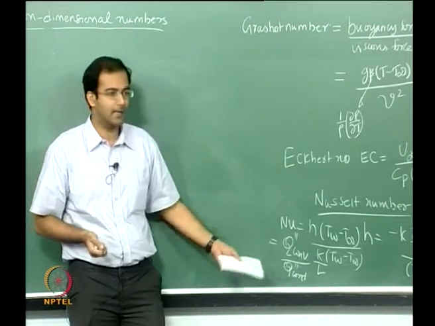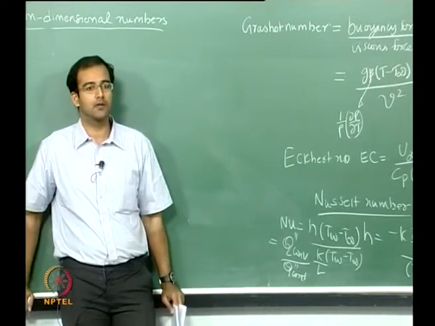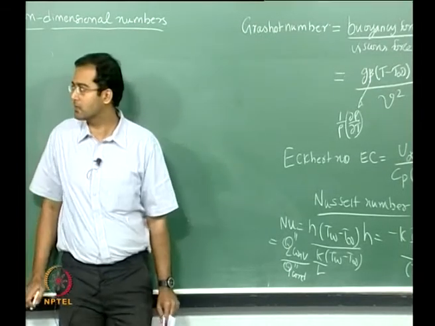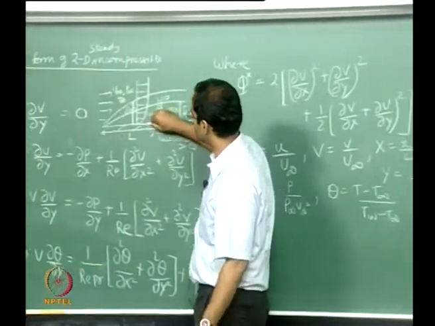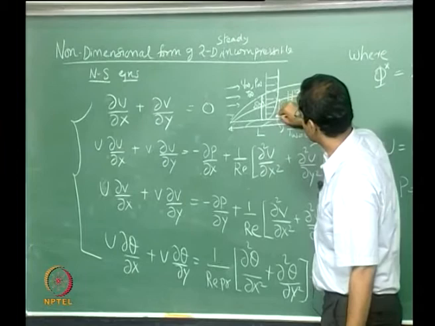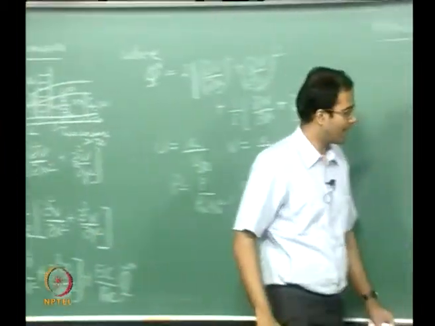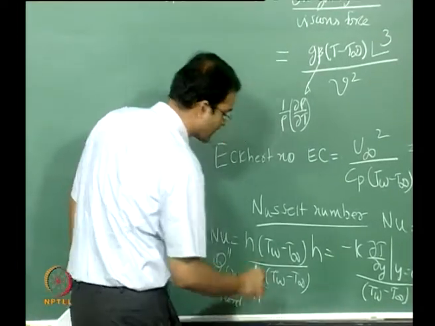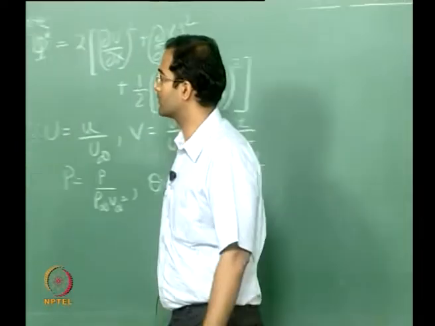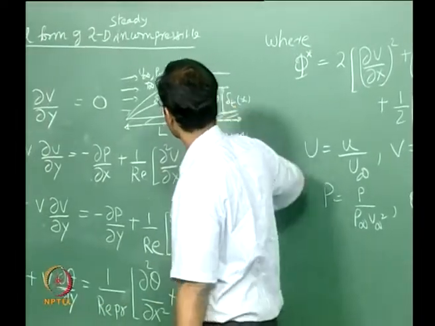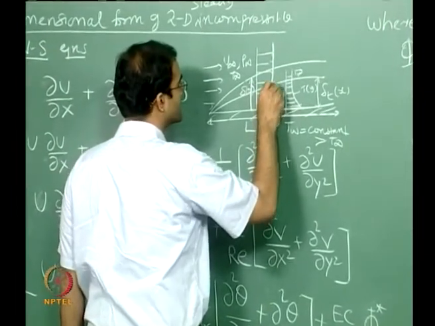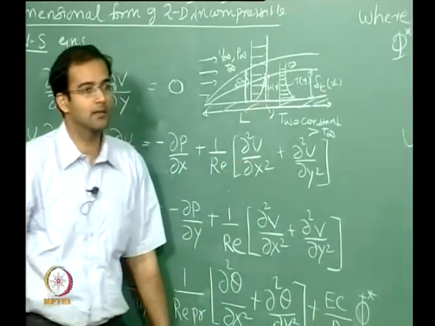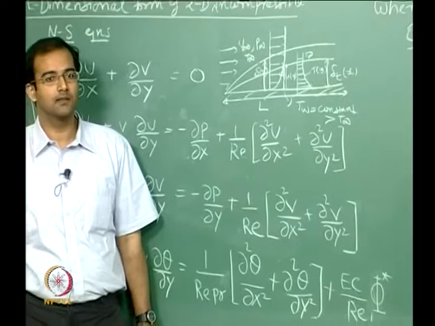So if this number is equal to 1, then there is no contribution of advection. In fact I should not use L here, let me use some H, just to give you a physical representation of this non-dimensional number. If you have a fluid element at a vertical distance of H from the flat plate, you are calculating the contribution of both advection and conduction over conduction.